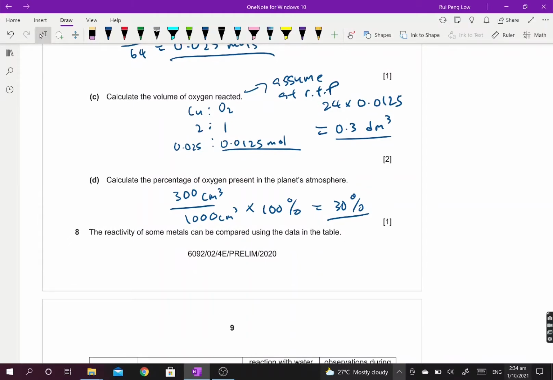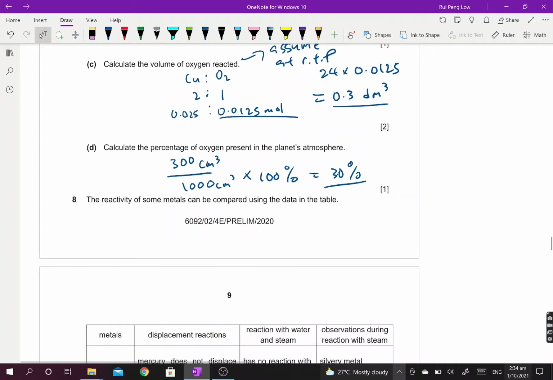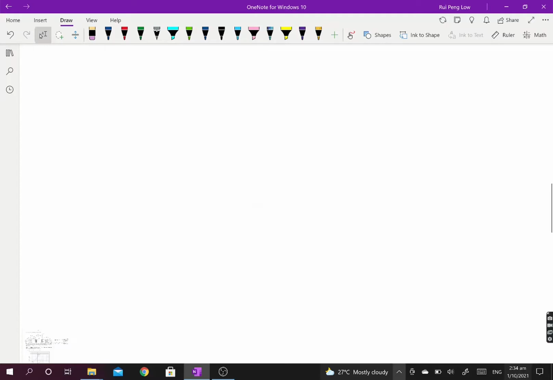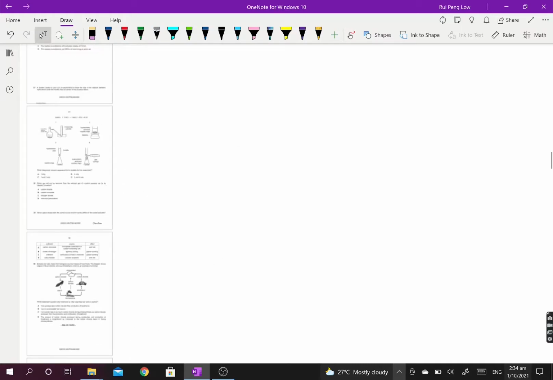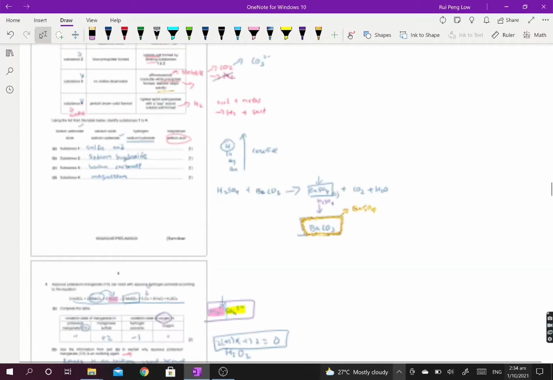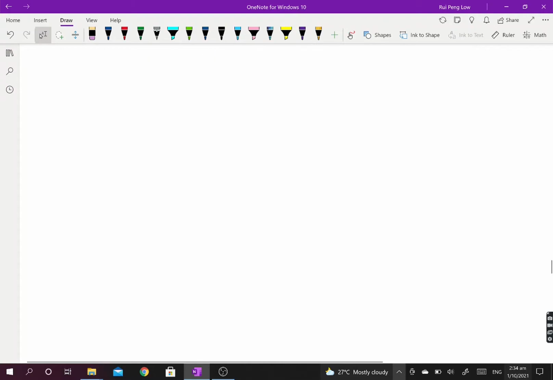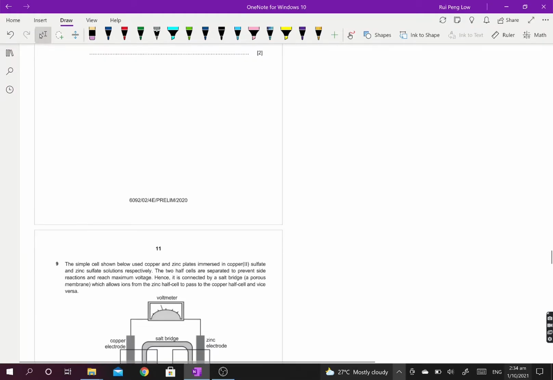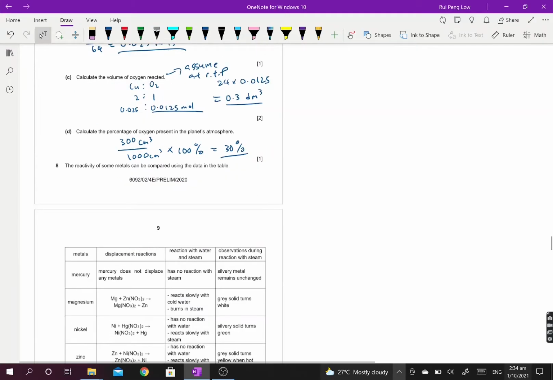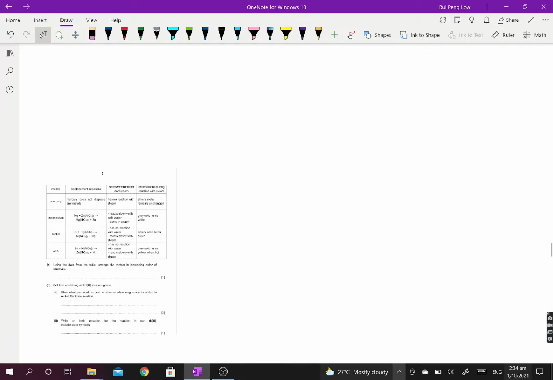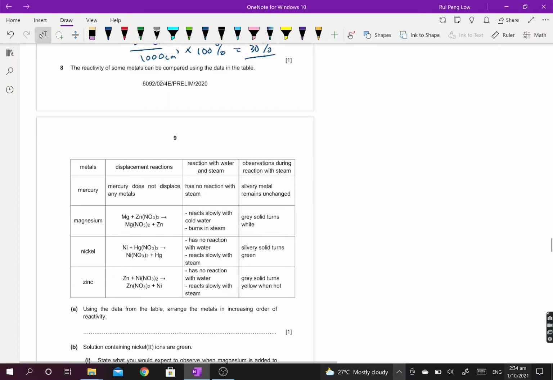Question 8, the reactivity of some metals can be compared using the data in the table.